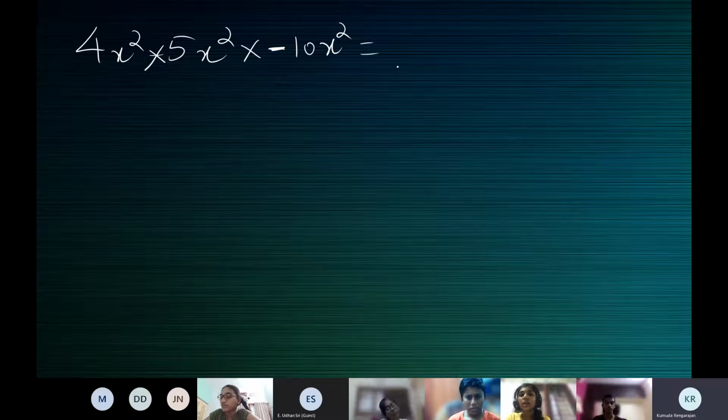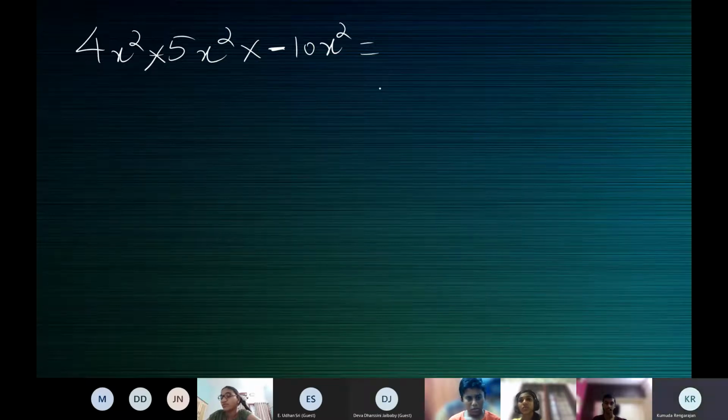Multiplication can be performed on like terms as well as unlike terms. Addition and subtraction is sensitive. The terms have to be like terms. I repeat, addition and subtraction can be performed only with like terms.